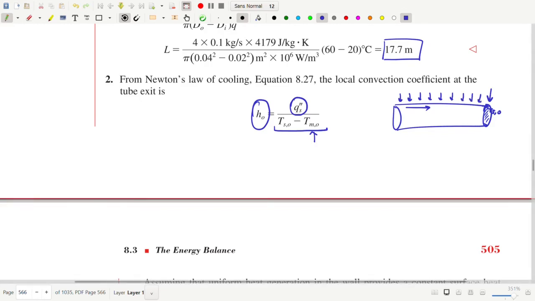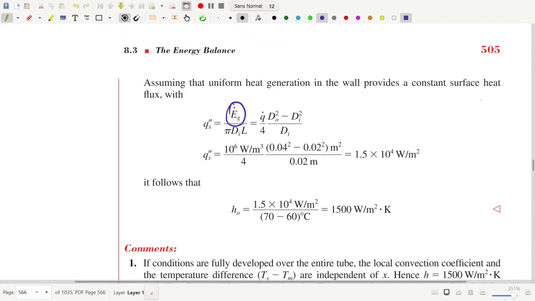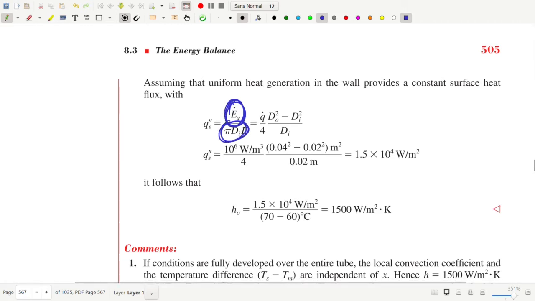In that case, we can simply divide the total watts by the surface area to give us the watts per meter square. So this gives us Qs double prime.